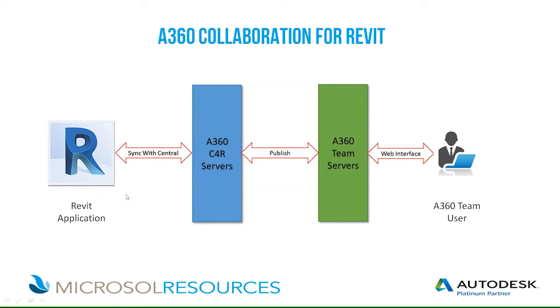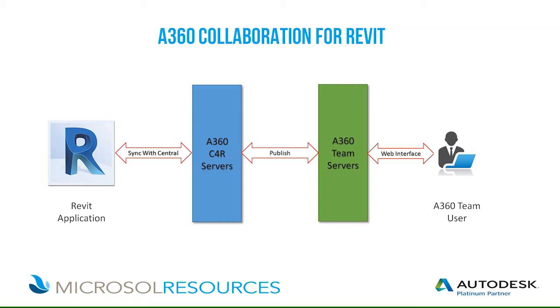So when you're working in Revit, what happens is when you do a sync with Central, you're actually communicating with the collaboration for Revit servers. When you're looking at the web interface for your team hub, you're actually looking at the A360 team servers, and these 2 are communicating with each other basically using the publish function.